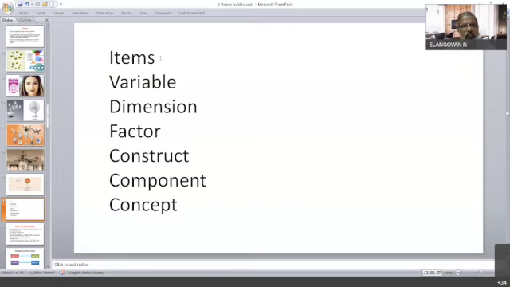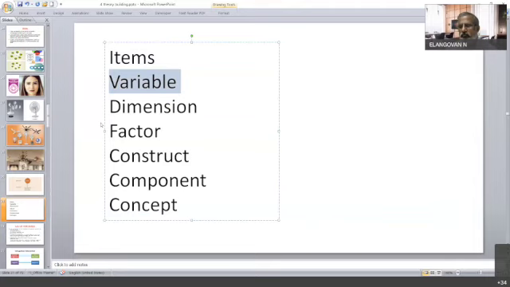You can call it an item, or you can call it a variable. And many variables put together can become a dimension. Or you call it a factor, or you call it a construct, or you call it a component, or at the most abstract level, you call it a concept.